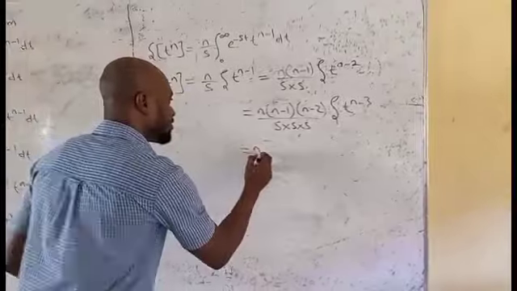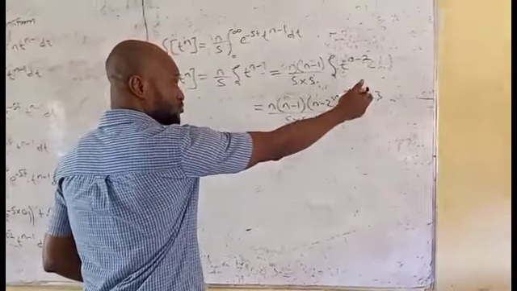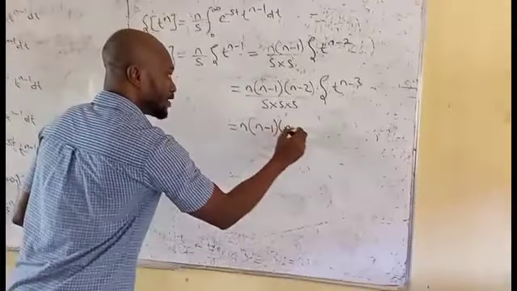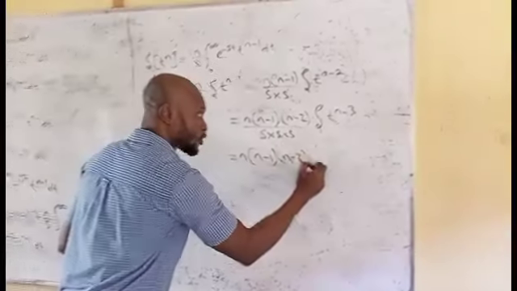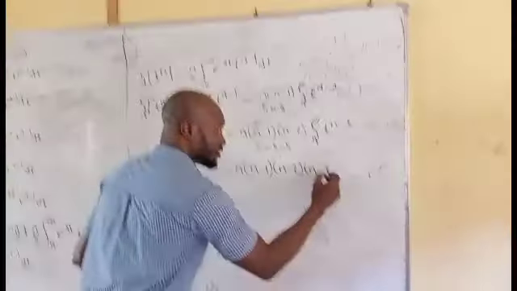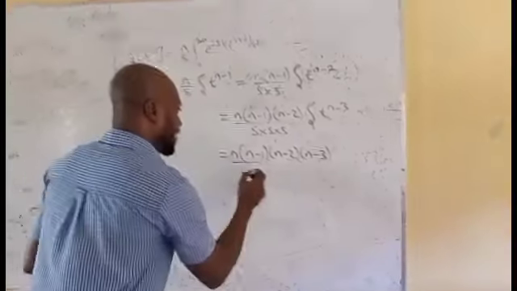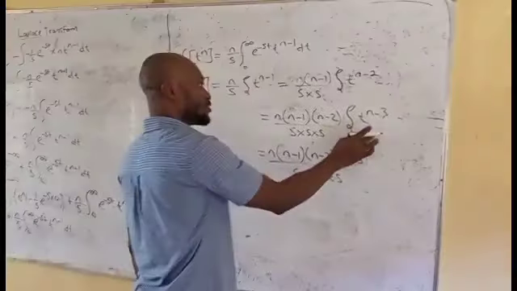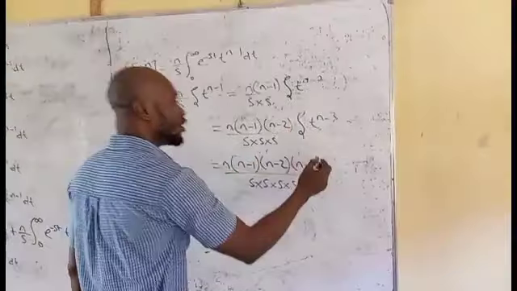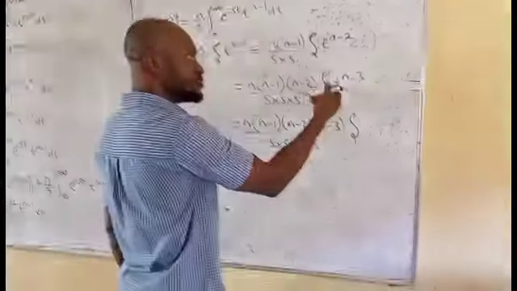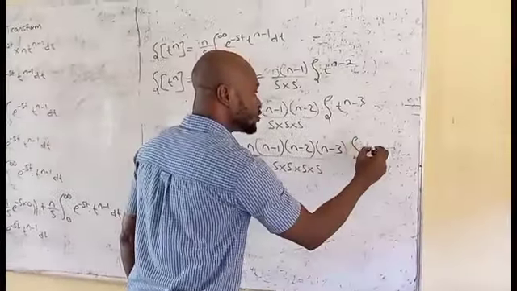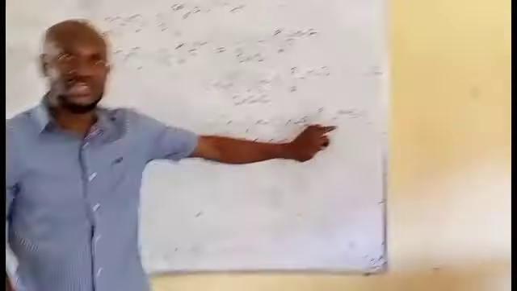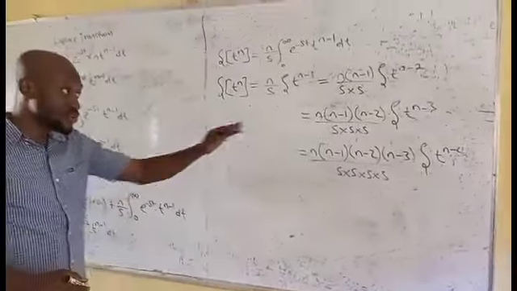It will be n into n minus 1 into n minus 2. Since it's n minus 1, I will stop at n minus 3. Are you getting it? Over s times s times s times s. This time around, since I'm taking the Laplace transform of t raised to the power of n minus 3, it will change now. This one will no longer be t raised to the power of n minus 3. Instead, it will be t raised to the power of n minus 4. I said if you keep going, the power of t will keep changing. As you are going, it will keep changing.